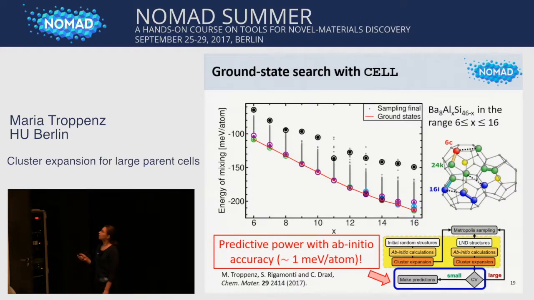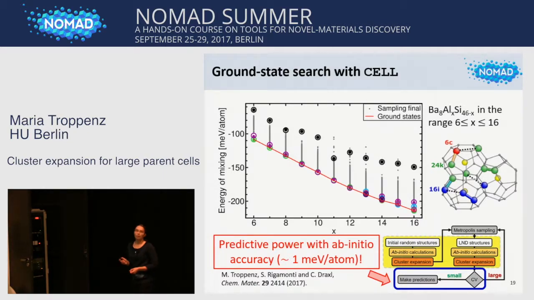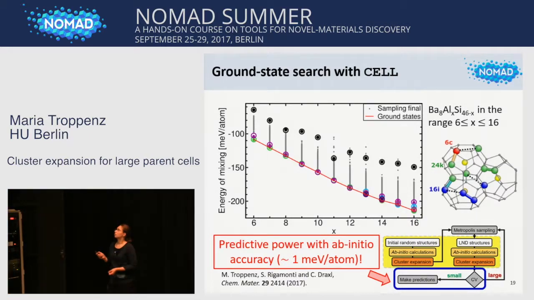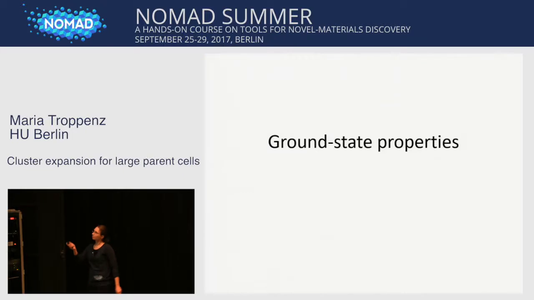And the clusters we use for this cluster expansion are really simple. We only use the 1-point clusters, which are the 3 different Wyckoff sites, 6C, 24K, and 16I. And we use the nearest neighbor interactions, so the 2-point clusters with sites next to each other, which are indicated here with the colored bonds.